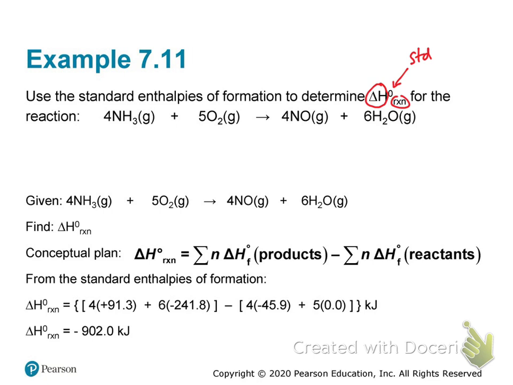So the approach the book takes is, it lists the reaction that is given in the problem. It writes down what we need to find as a goal and the conceptual plan to find it, which is this equation of delta H0F.